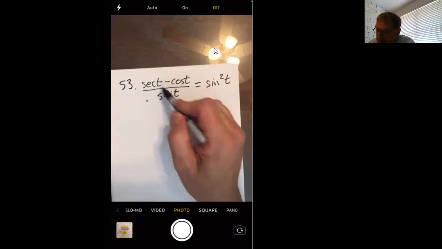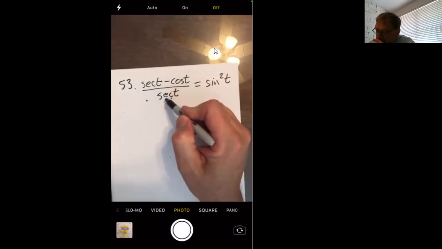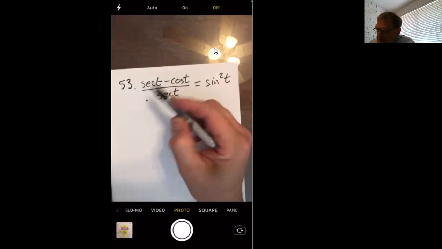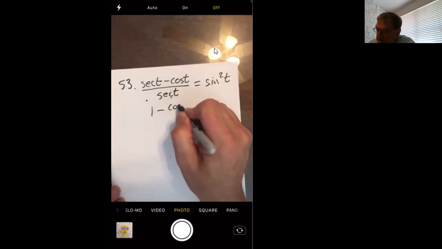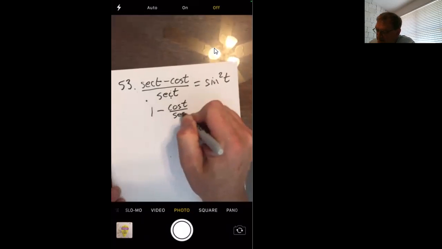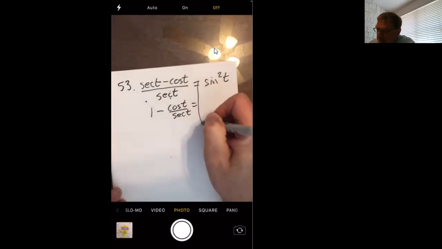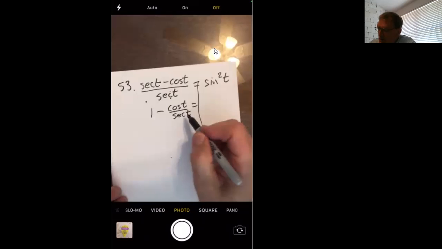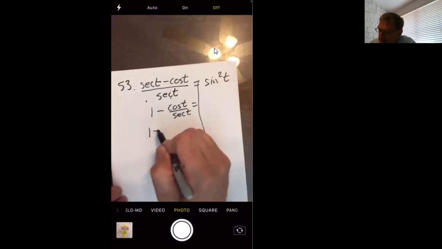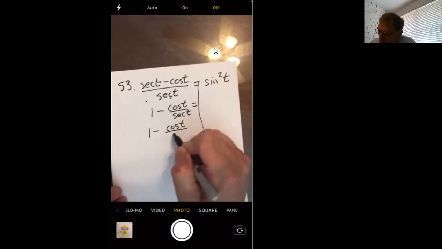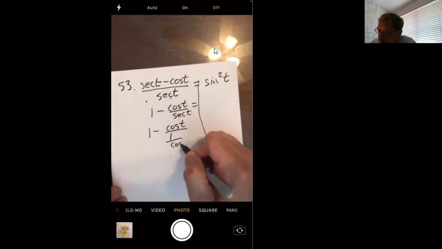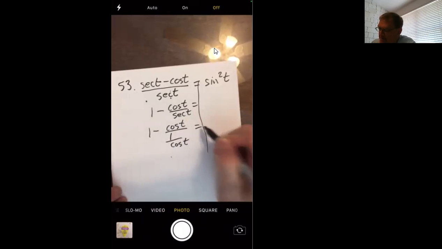Now I can convert this to cosines if I want to, or I could just distribute this. So I see a secant over secant, that's a 1 minus cosine t divided by a secant t. Well, secant t is 1 divided by cosine t.